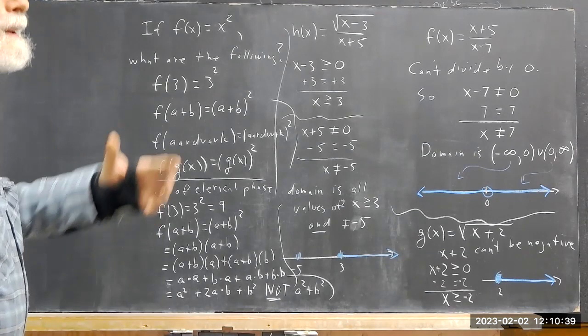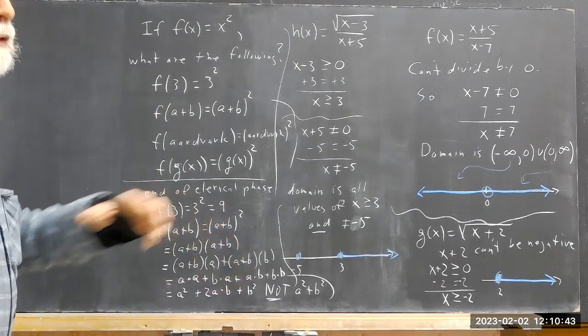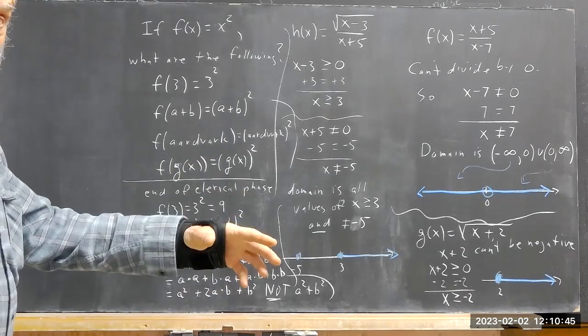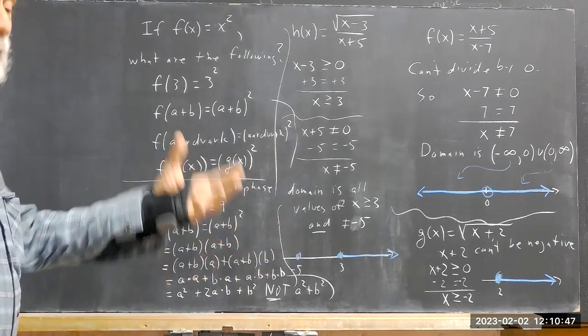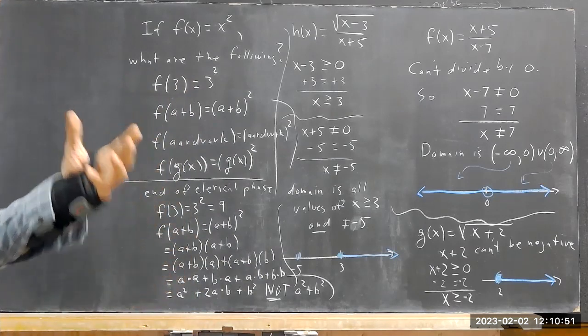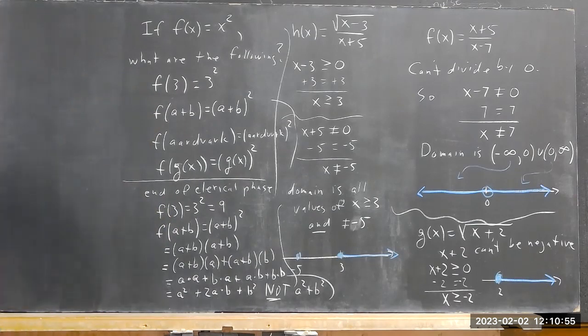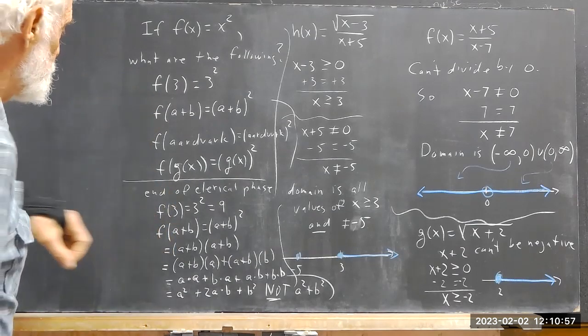We don't want people to come out of algebra classes making that mistake. We certainly don't want them to come out of pre-calculus classes making that mistake, especially if they have a calculus course in the future, which most people in this course do. At least an applied calculus. Anyhow, there it is.